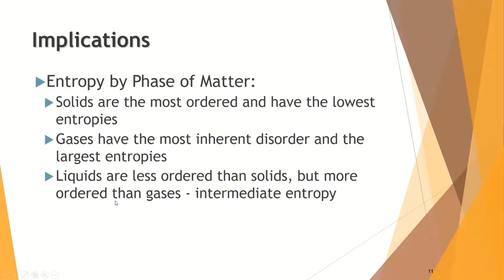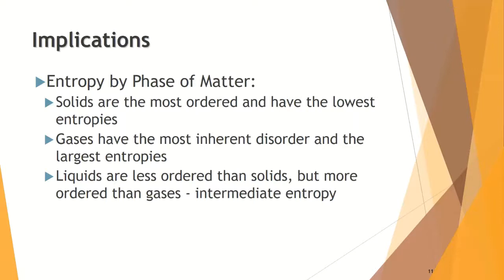So what are some of the big picture implications of entropy? Well, first of all, if we look at it from a phase of matter standpoint, solids are the most ordered because of the closeness of those molecules to each other, the organization of those molecules, the fact that they form these crystalline, rigid structures. They are highly ordered and have low entropies as a result. Gases are far apart from each other. The particles are moving around very quickly, and there's usually a lot of them.